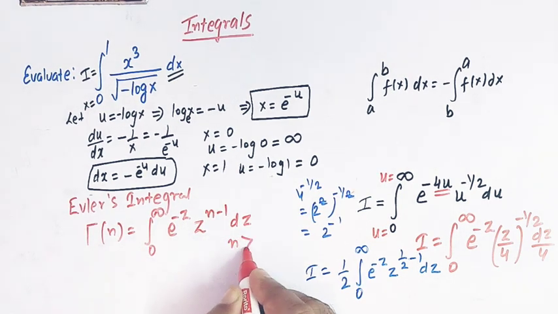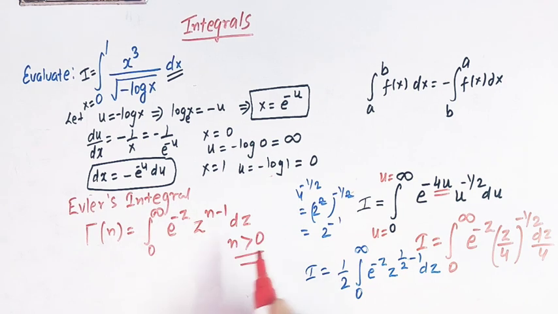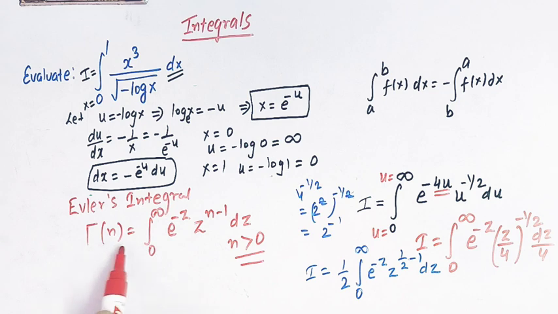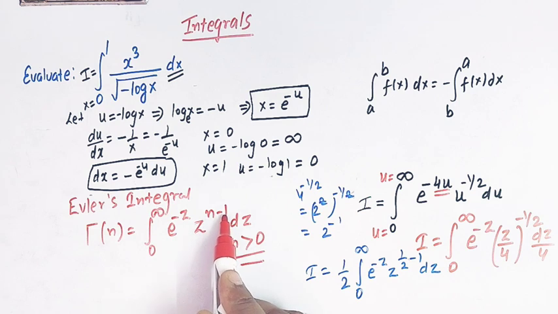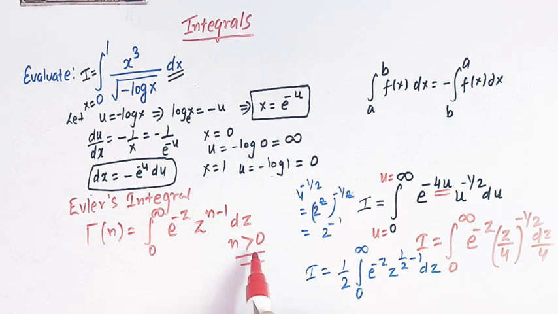Where n is greater than 0, right? So the gamma function is defined like this. Gamma of n is the integral 0 to infinity e raised to minus z, z raised to n minus 1 dz, where n is greater than 0.